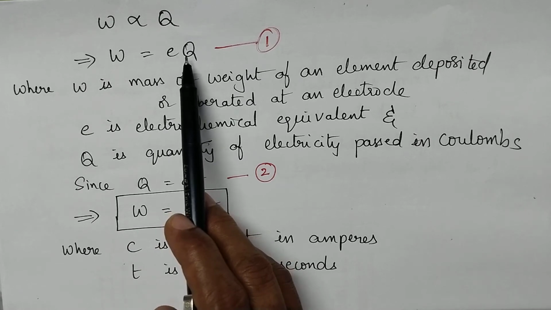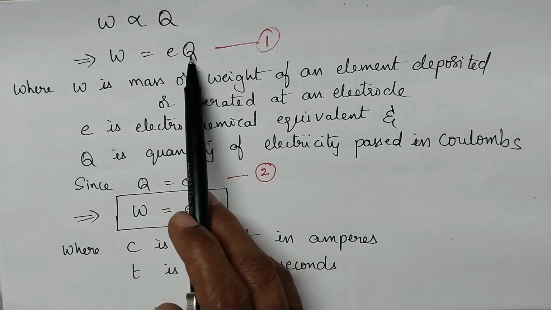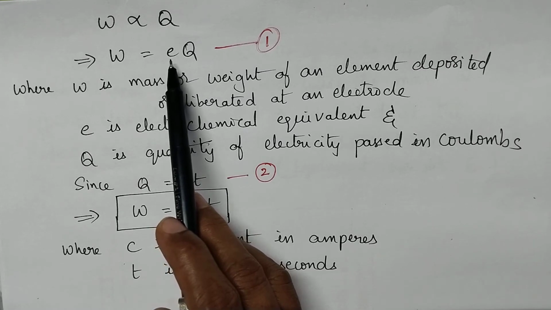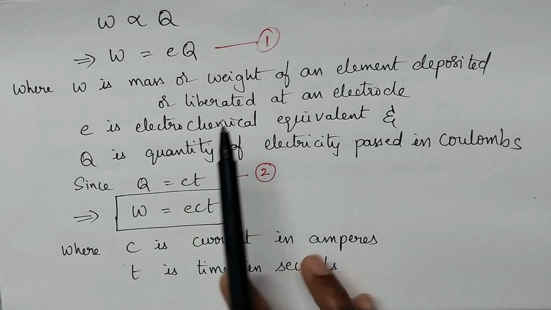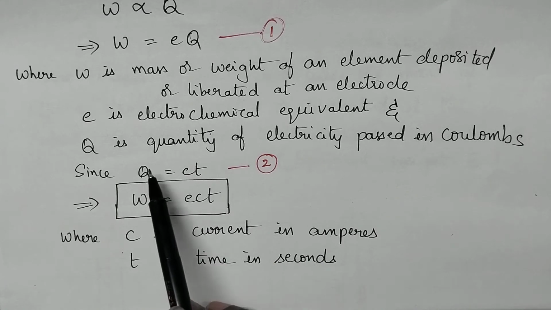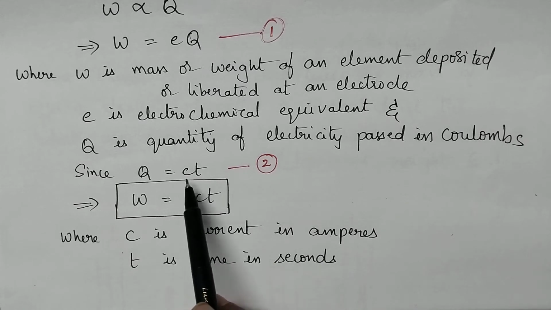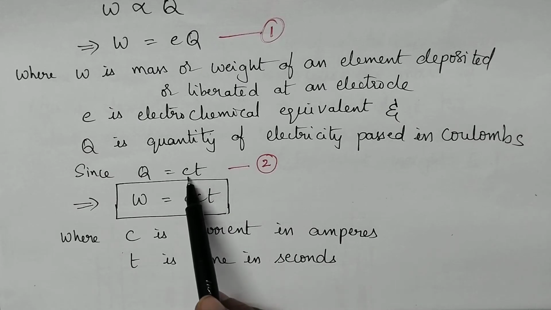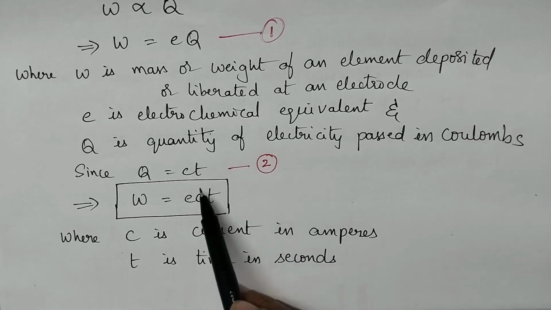Q means the quantity of electricity passed in coulombs, where E is the electrochemical equivalent. But we know that the quantity of electricity passed is always equal to C into T. That means Q is equal to CT. C means the strength of the current expressed in amperes, and T means time in seconds.